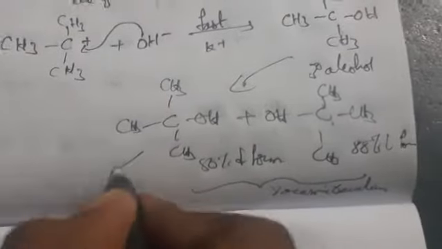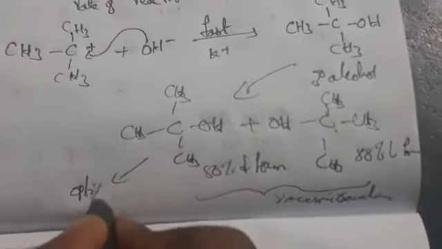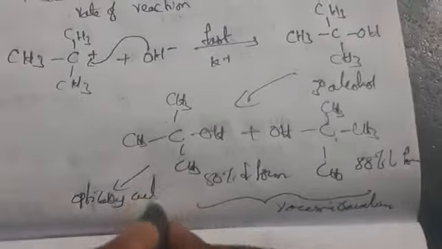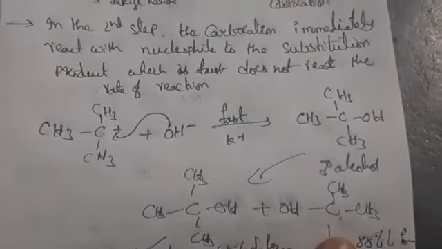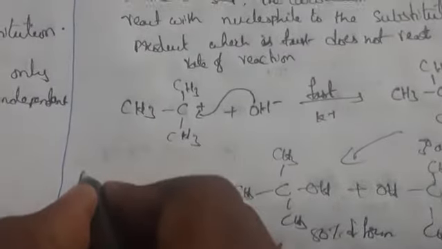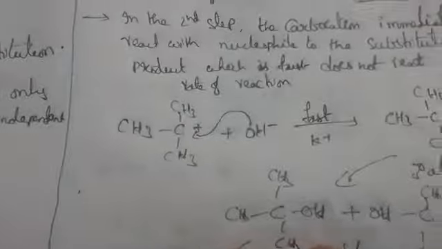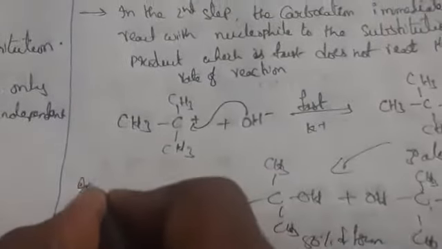So these two forms we call optically active forms. So these are optically active. The product whatever it is going to form, it is forming a racemic mixture. Okay, so by this what we can say means, in SN1 reaction tertiary alkyl halides only take place. What happens in SN1 reaction?